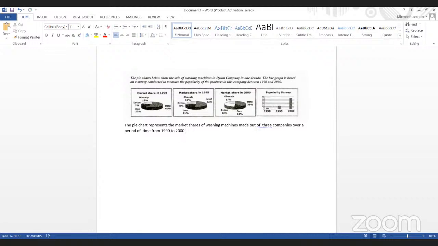Now what we need to do is talk about the bar chart.